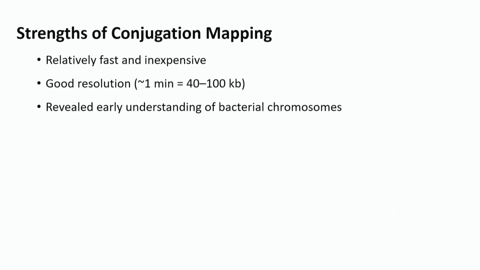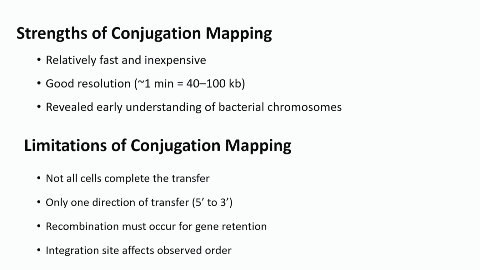So just summing up, strength of conjugation mapping is that it is relatively fast, inexpensive, and gives you a good resolution. In 1 minute you can map 40 to 100 kb, and it revealed early understanding of bacterial chromosome. I told you that it is used for the sequencing of bacteria, but there are always some limitations to every technique because not all the cells complete the transfer.